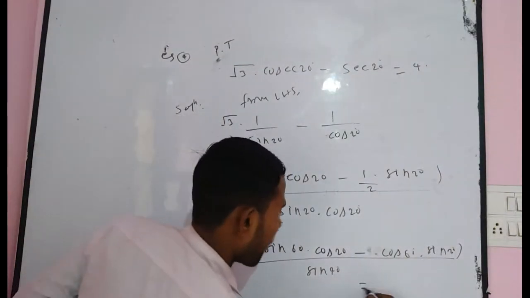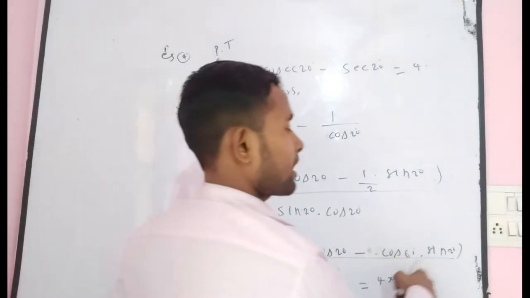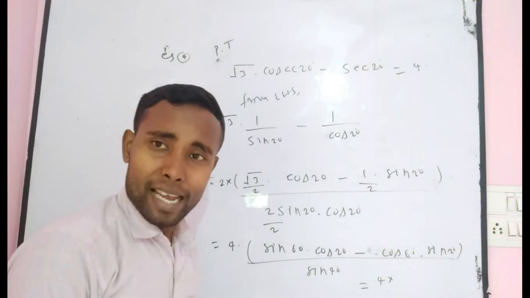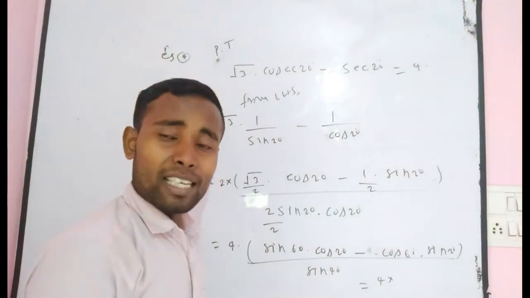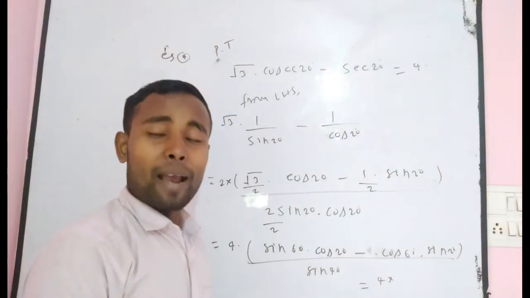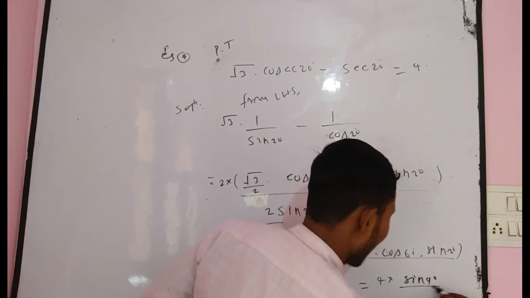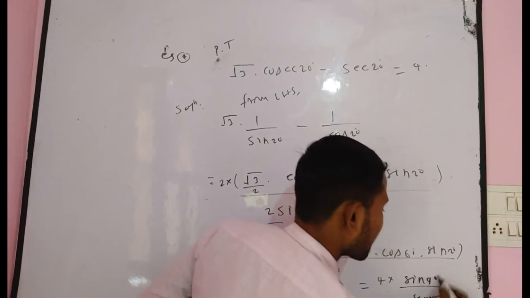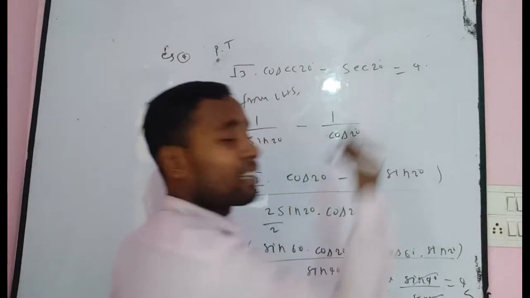Now there is a simple observation. It becomes 4 into sin A cos B minus cos A sin B, which will be what? Sin(A minus B). A is equal to 60 and B is equal to 20, so 60 minus 20 means sin 40. So sin 40 divided by, in the denominator also sin 40. Sin 40 will cancel each other. Finally you get 4, which is your required RHS.